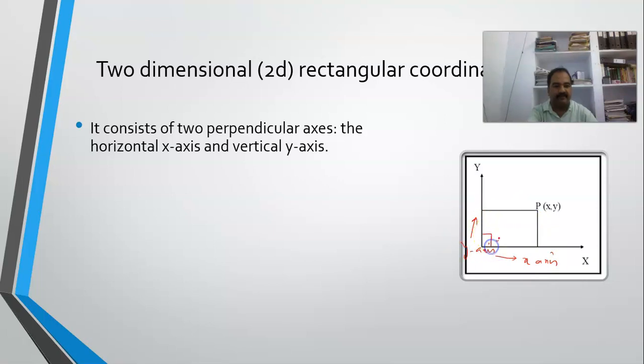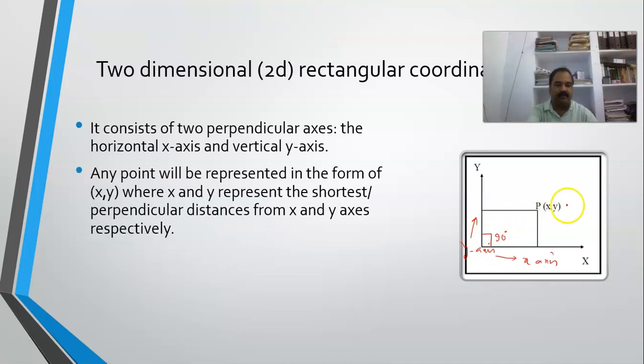These two are perpendicular to each other. Now, any point will be represented in the form of x, y, where x is nothing but the x coordinate and y is nothing but the y coordinate.